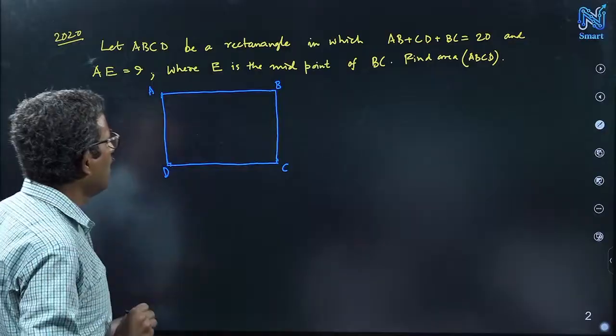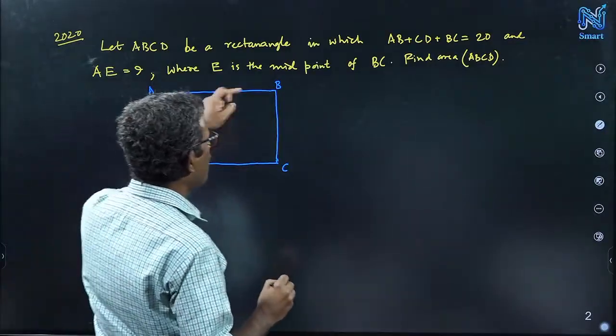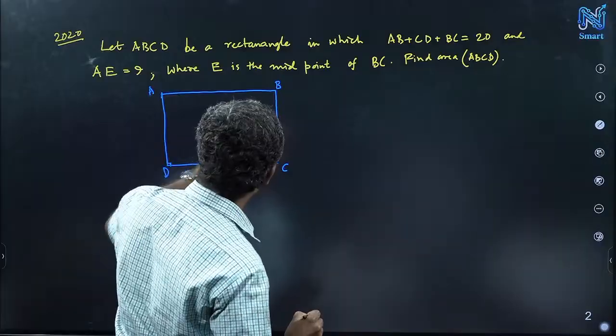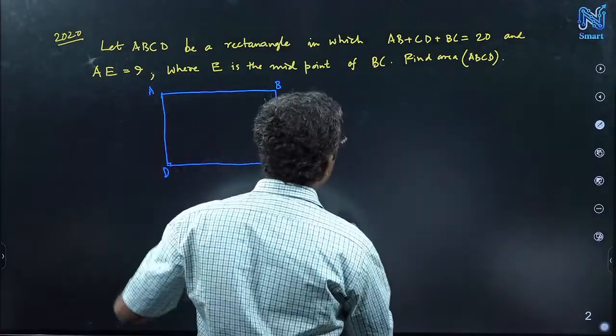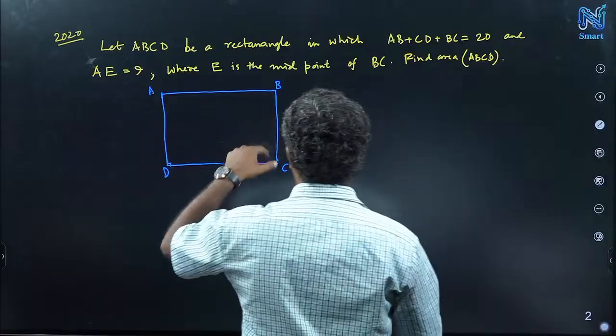All are 90 degree, and E is the midpoint of BC.